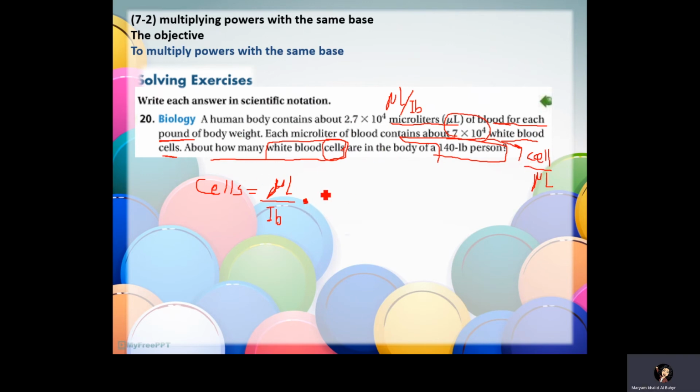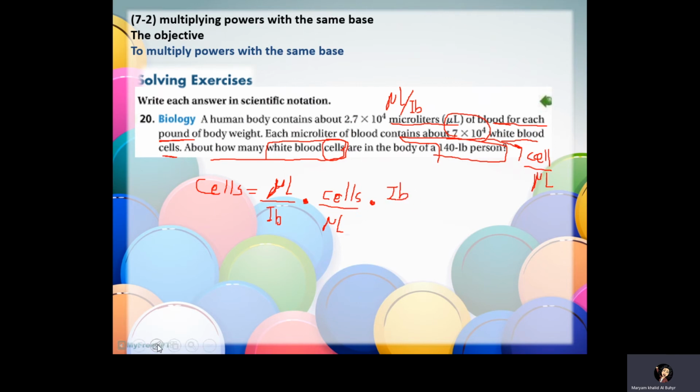Times this one, cells over microliter. Finally, I have this value, which is pound, the weight of the person.